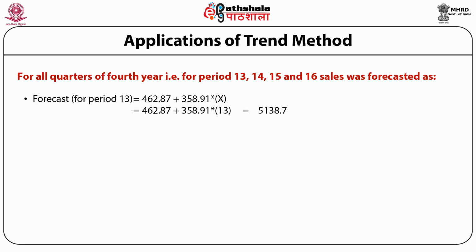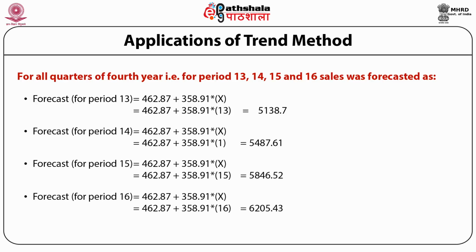Similarly, for other time periods, that is 14, 15 and 16, forecast has been calculated by putting these values in the equation. For instance, forecast for period 14 would be 462.87 plus 358.91 into 14. Forecast for the next time periods has been calculated in the same fashion.